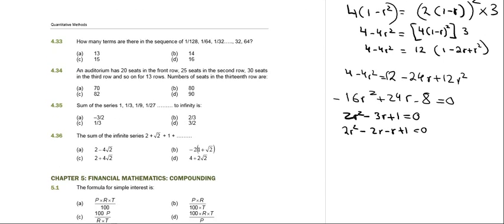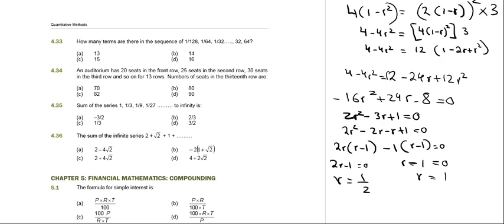Taking 2r common from the first two terms, (r minus 1), and minus 1 from the second two terms, (r minus 1) is equal to 0. So 2r minus 1 is equal to 0, or r minus 1 is equal to 0. Here r will be equal to 1, and here r will be equal to 1 over 2.